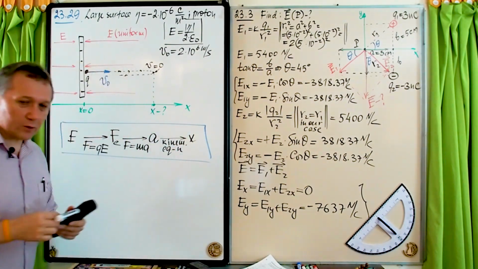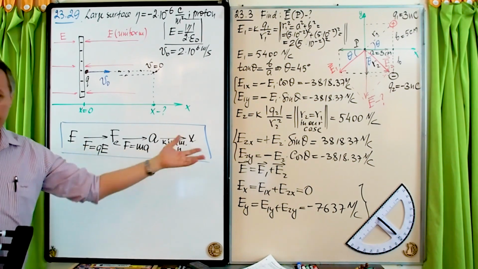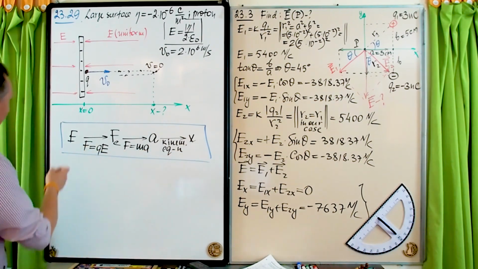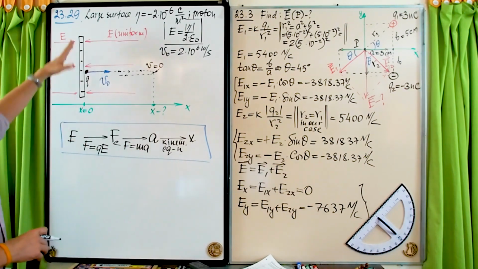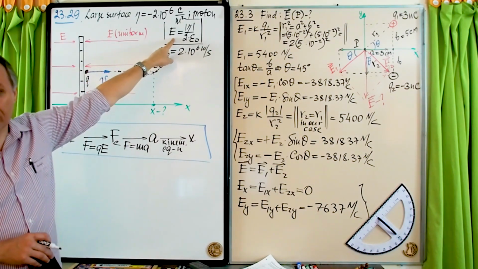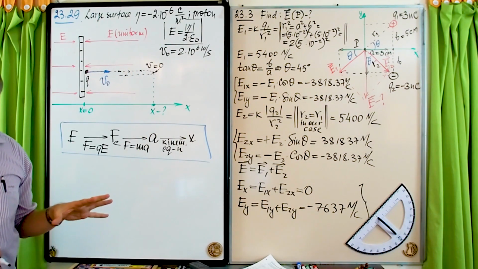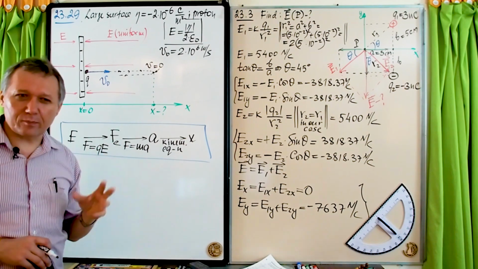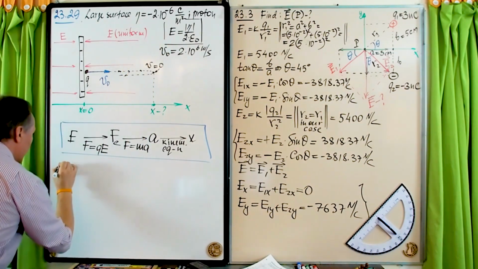So now let's get through the steps. Of course, we will start from the beginning. We need to first write down the electric field, then force, acceleration, and then position. So let's start with the electric field, created by this plate. We know the expression for the electric field. Let me write it in vector form, because here directions are important.